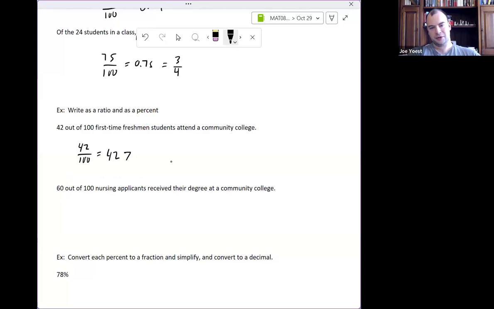I could rewrite this as 42%. So 42% of first-time freshman students attend a community college. Or 60 out of 100 nursing applicants receive their degree at a community college. 60% of nursing applicants receive the degree at a community college.